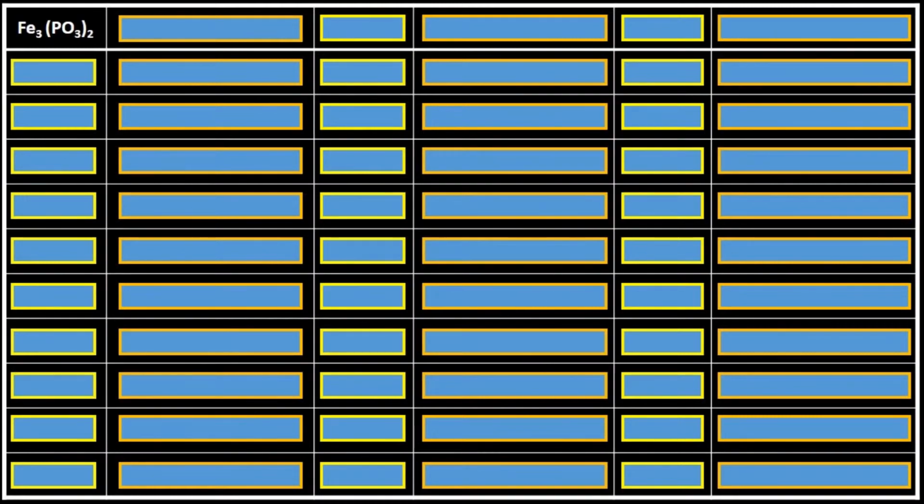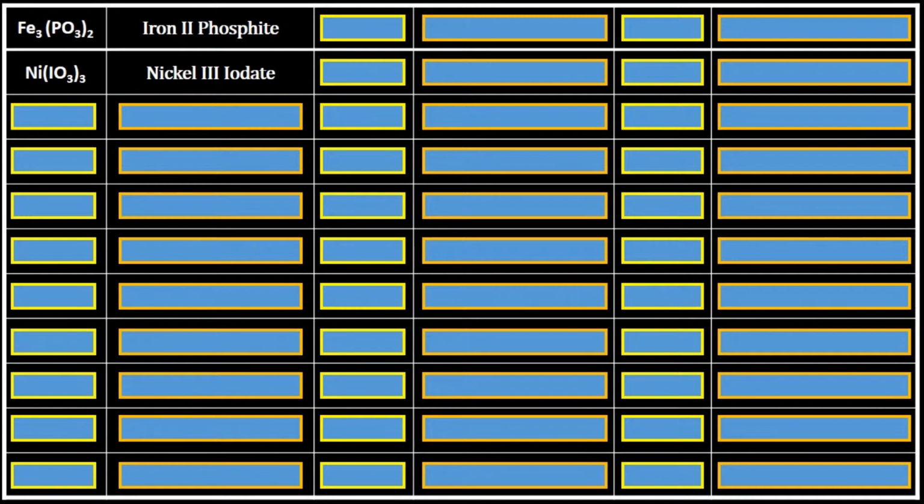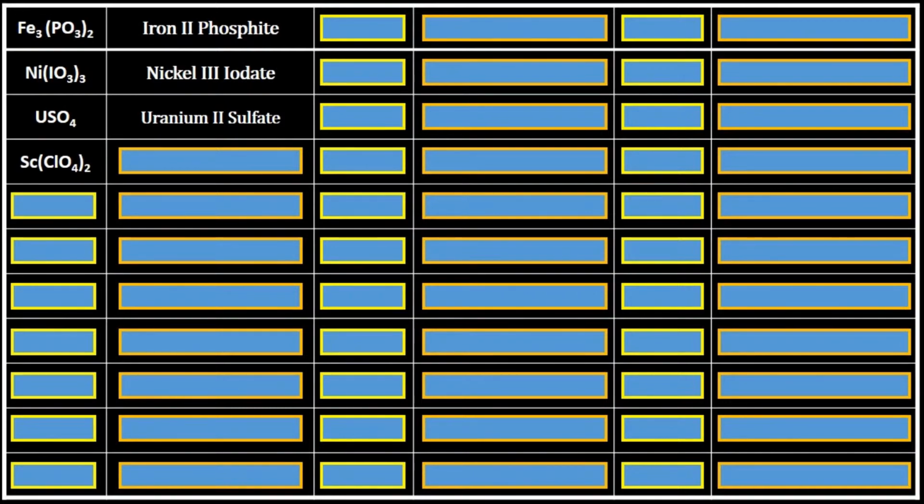So the first one is Fe3(PO4)2. It would be iron(II) phosphate. The next one is going to be nickel(III) iodate, etc. So good luck. Keep going. Remember to put it on pause when you feel that you can do this by yourself. Be back in a minute.